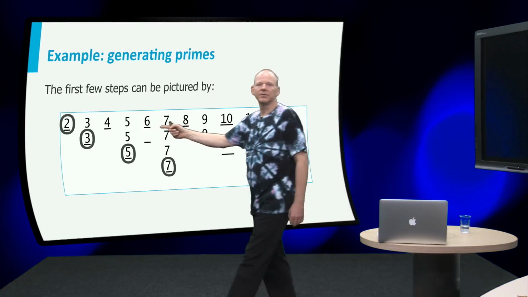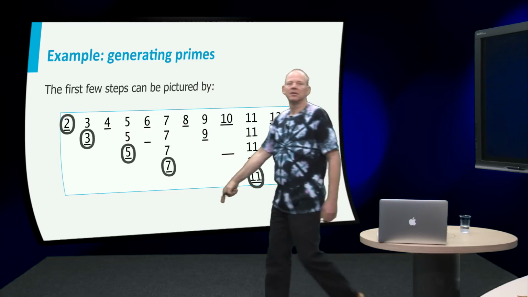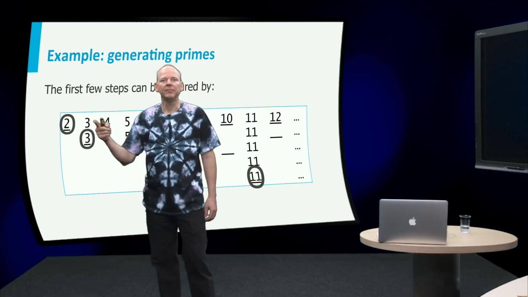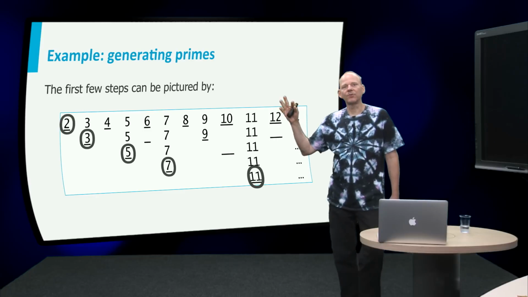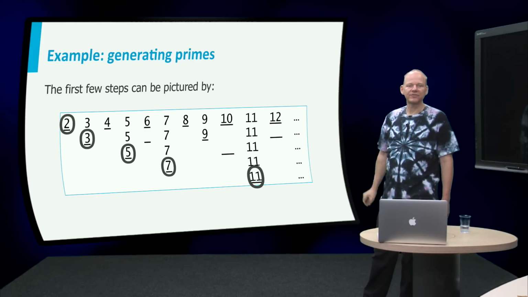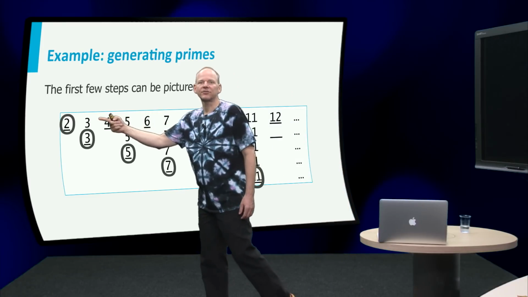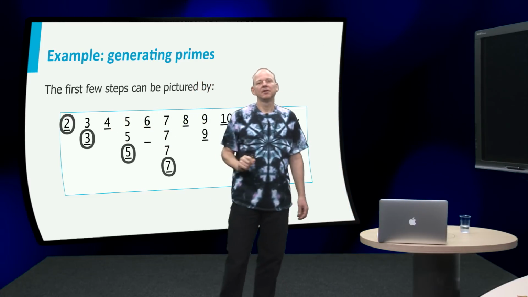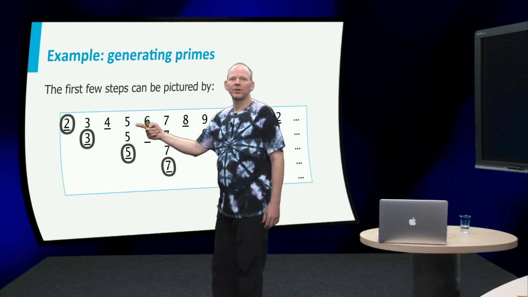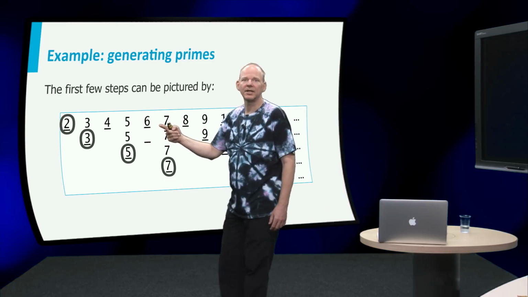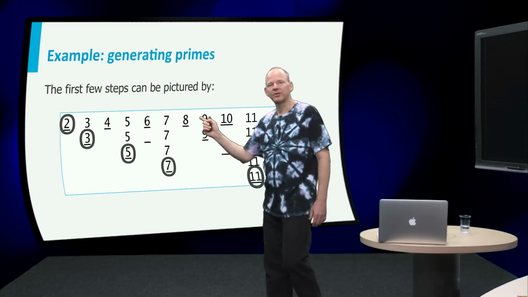So we start here with the list of natural numbers starting at 2. The first number here is a prime. So we cross out all the multiples of 2. So we cross out 4, 6, 8, 10, 12, etc. And now the first number that's not crossed out, 3, is a prime. 4 was already crossed out. 5 is not a multiple of 3. 6 is a multiple of 3, was already crossed out. 9 was not crossed out yet, is a multiple of 3, so we cross that out.